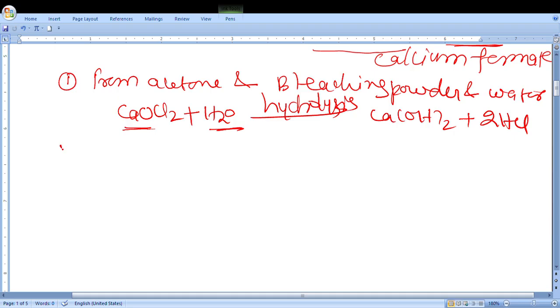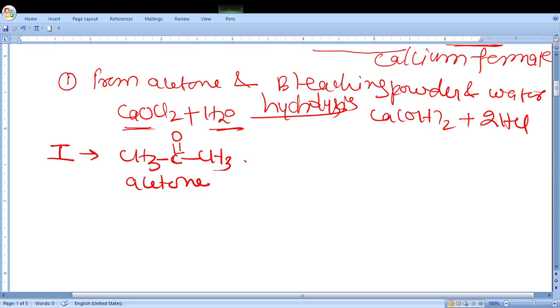Second, the first step will be, because we are taking acetone, and acetone is already the oxidized form of alcohol. It doesn't have a hydrogen at the carbon atom, so it cannot be oxidized by chlorine. As we know that chlorine is a mild oxidizing agent.